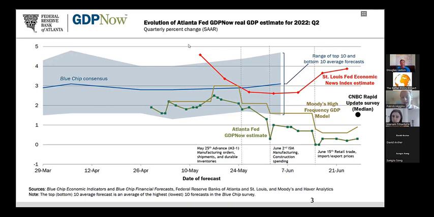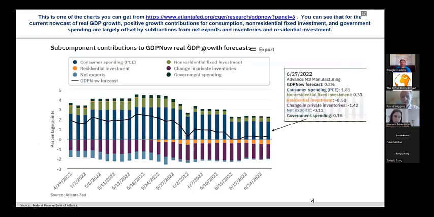That retail sales growth was disappointing relative to consensus, and there were downward revisions to the past month's data. So in a mechanical sense, this is what you would expect given that release, just as one example.